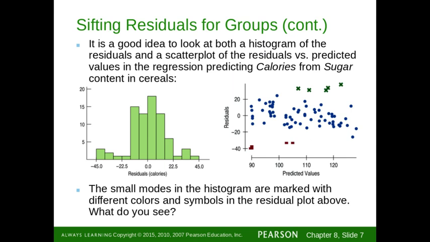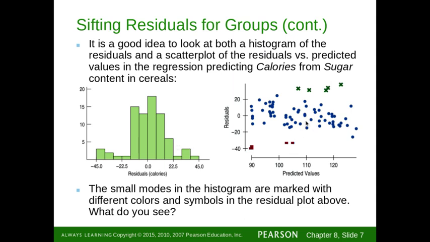So now let's look at this. It's a good idea to look at both the histogram of the residuals and the scatter plot of the residuals versus the predicted values of the regression predicting calories from sugar contents in cereal. So this is a couple chapters ago where we talked about this. So this chart here is just a histogram of the residuals, all right, with respect to the calories.